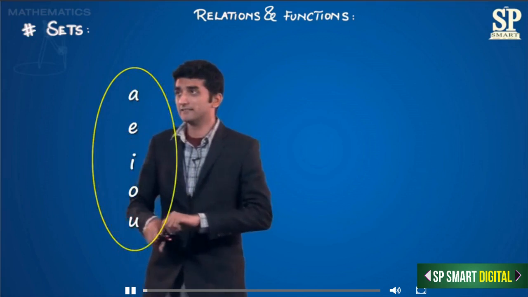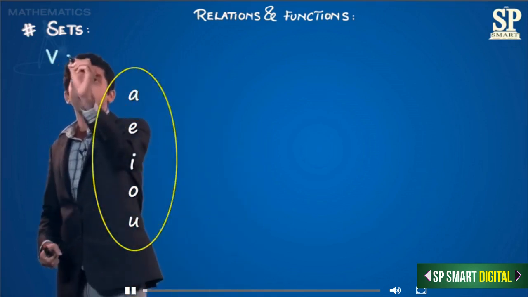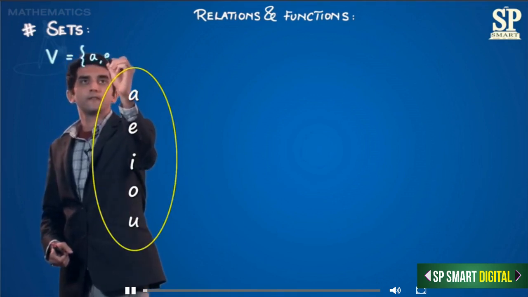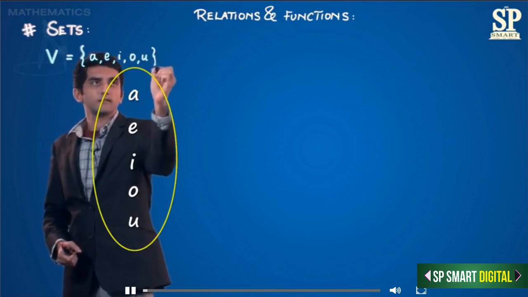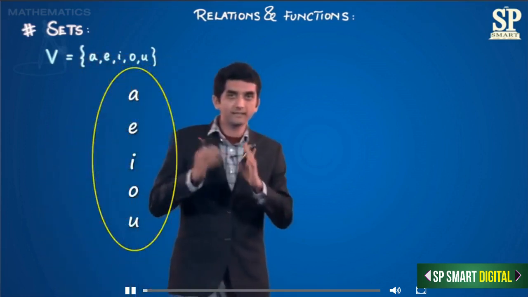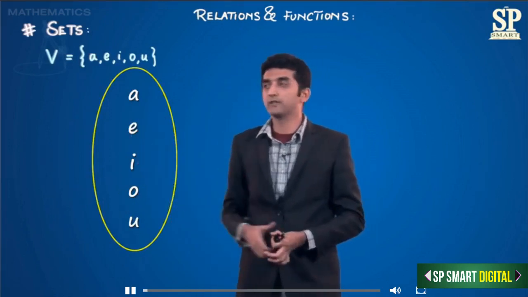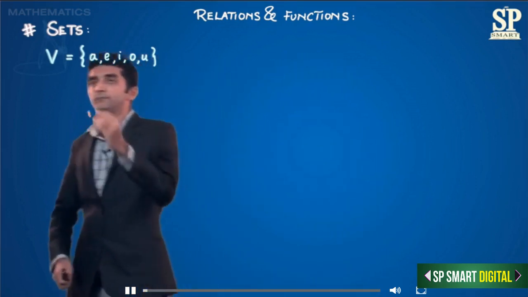So I can write this set as, let's say I write this set as V, and then V is equal to this is how I write a set, and it can be represented in this particular way as we have seen. Now this is a well-defined set, as I said.